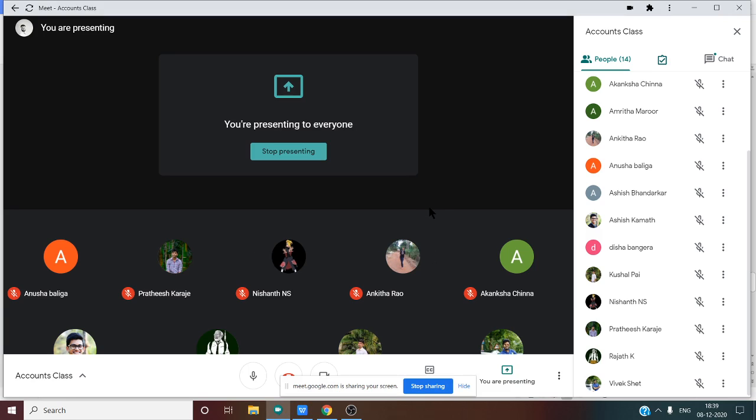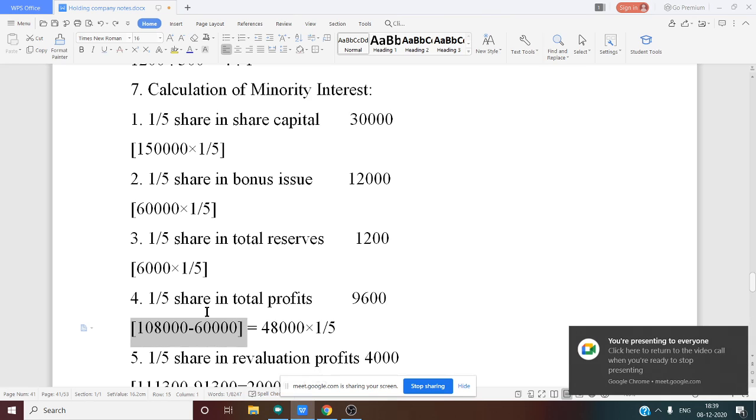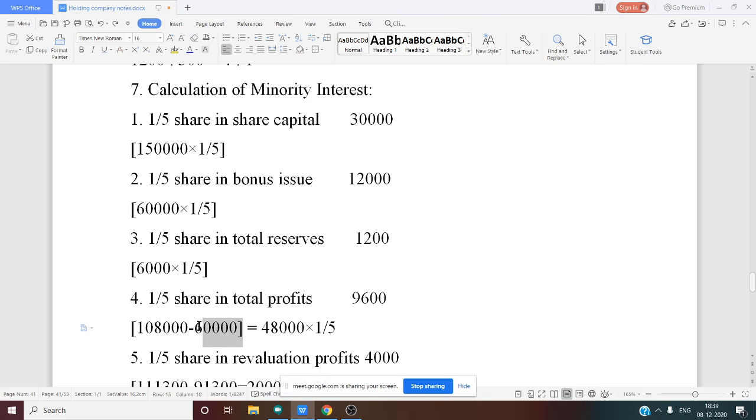So that 60,000 is included in the 1,08,000. Since we have shown the bonus share calculation separately, we have to deduct this 60,000 from total profit. 1,08,000 minus 60,000 leaves 48,000 after deduction of bonus. So 48,000 into 1 by 5 is 9,600. This is the 4th answer of working note 7.